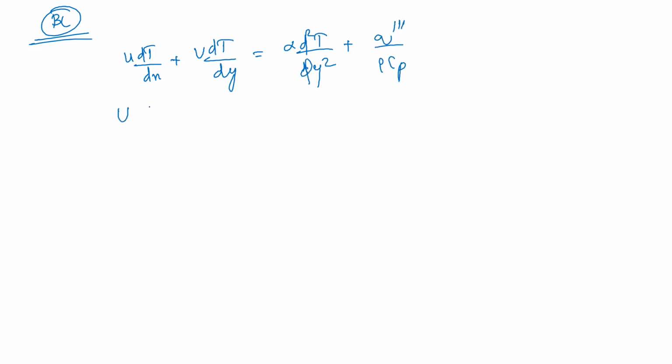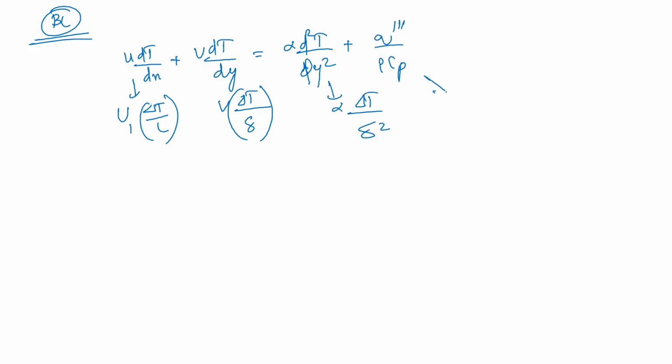So we will rewrite this: U1 into delta T by L, V into delta T by delta, alpha into delta T by delta square, and Q triple prime by rho Cp. We are going to neglect this term, and also this term.